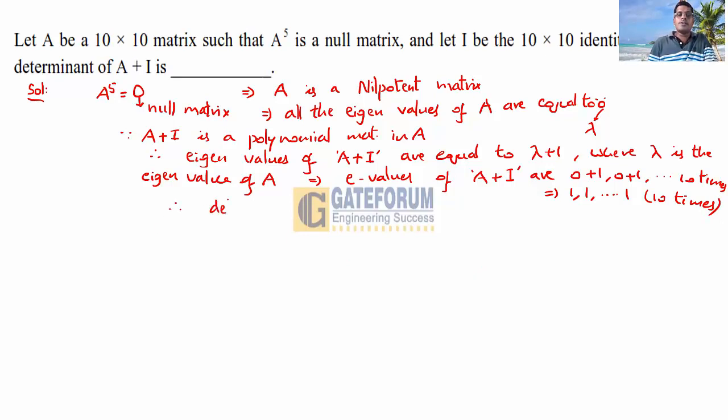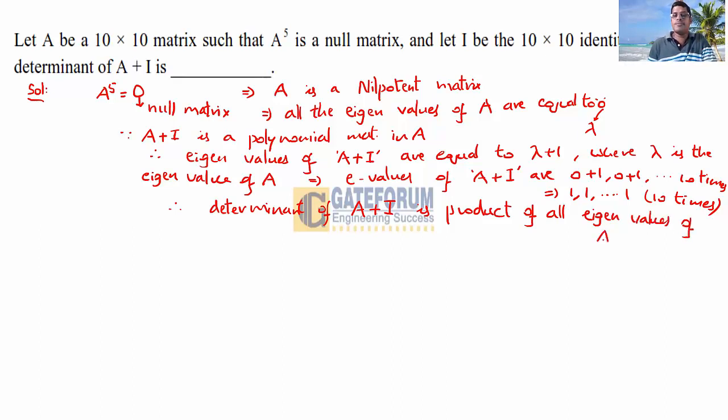Therefore, determinant of a matrix is nothing but product of eigenvalues of the matrix using the properties of eigenvalues. Product of all eigenvalues of matrix A plus I, which is nothing but 1 into 1, and so on, 10 times.